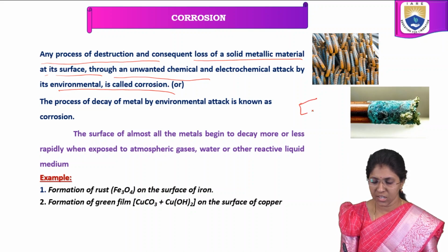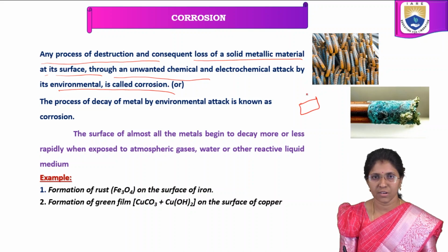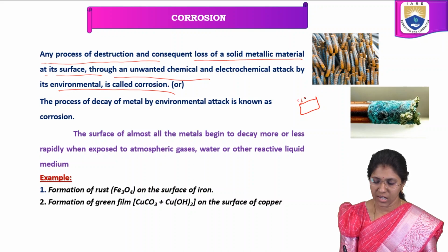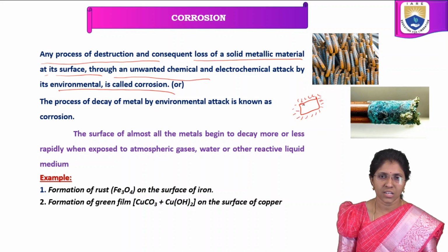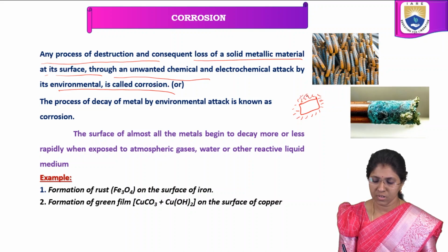If we take one metal and place it in the environment, it will undergo some chemical or electrochemical reactions with the gases and moisture present in the environment. Due to this reaction, some loss of material takes place.